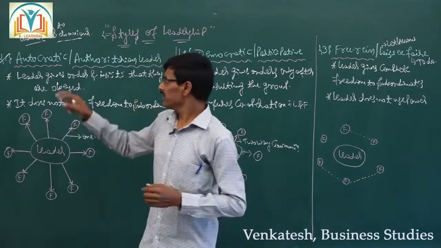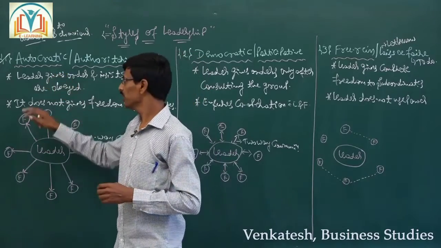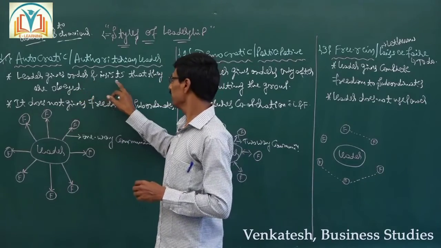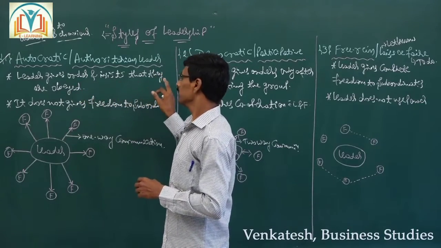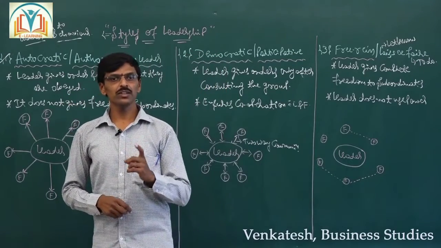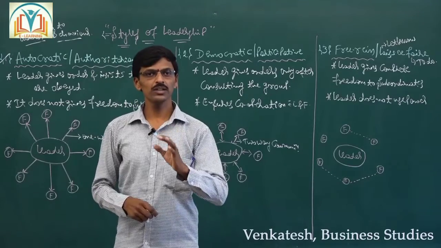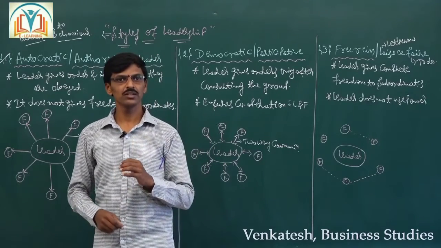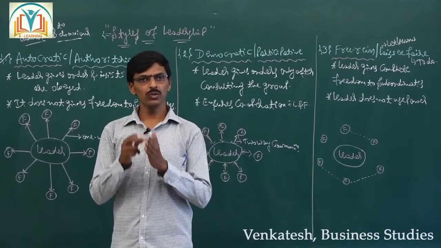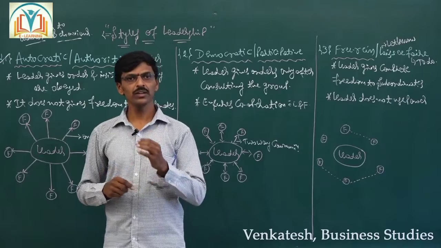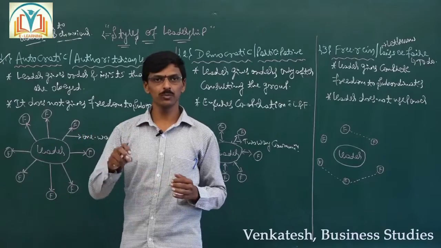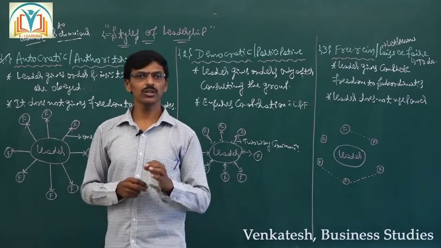In this style, an autocratic leader gives orders and insists that they are obeyed. An autocratic leader gives work instructions to the followers or subordinates, and all the work has to be completed within a span of time by the followers in a group. That is called an autocratic leader.